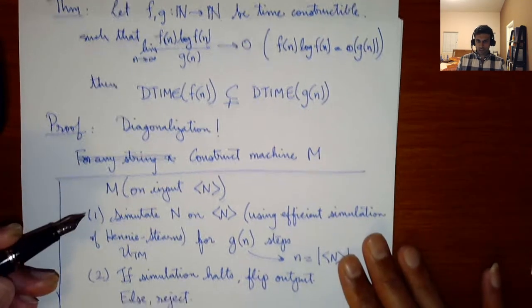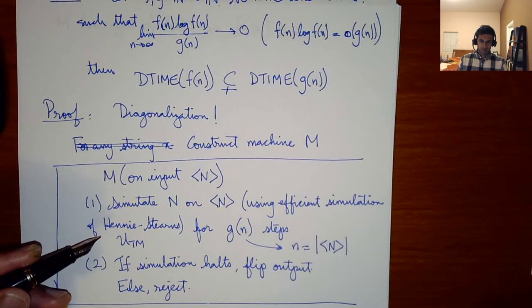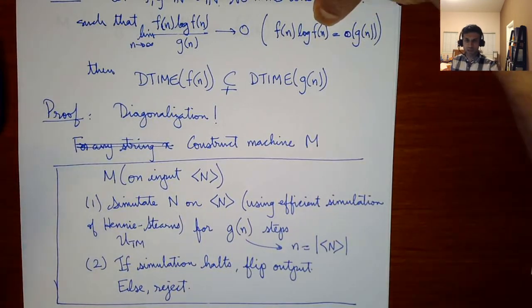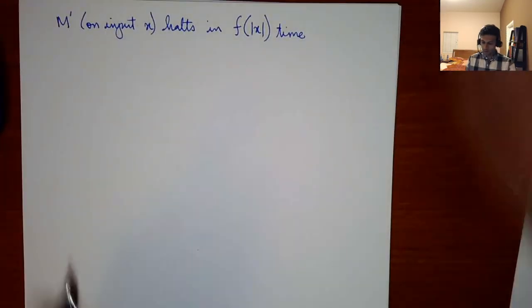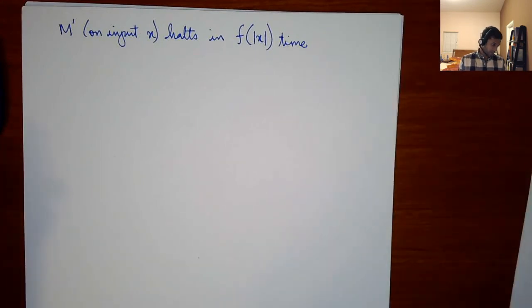And if the simulation always halts, then it's going to flip the output, and we're going to get a contradiction from here. All right, so let's walk through this a little carefully. M prime on input x halts in f of x time.